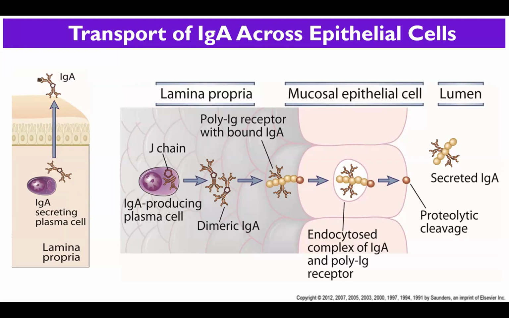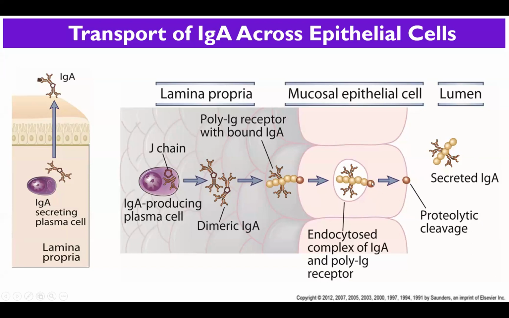This poly-Ig receptor is able to shepherd the dimeric IgA into the mucosal epithelial cell, and while it's in the cytosol, direct it as a chaperone towards the lumen. And once it gets there, it anchors.